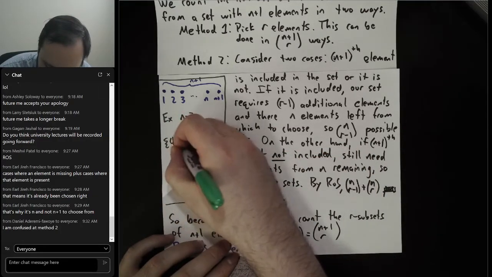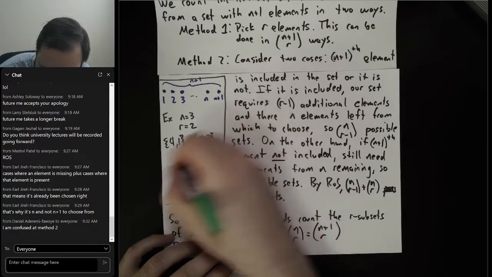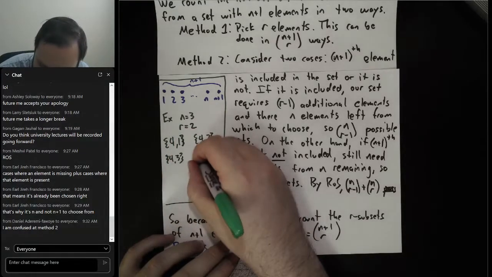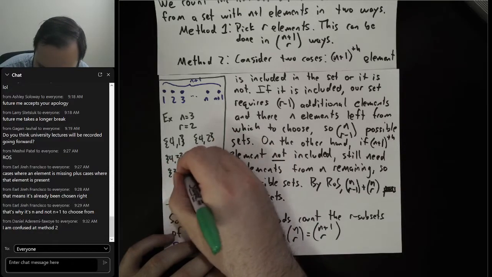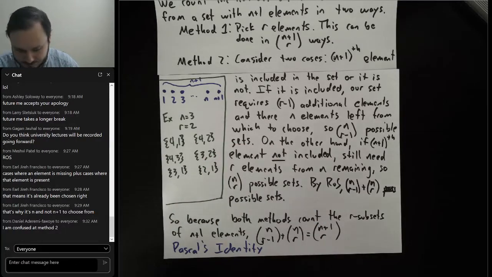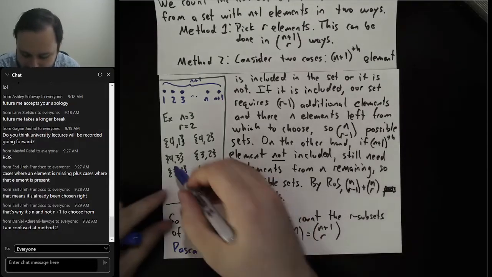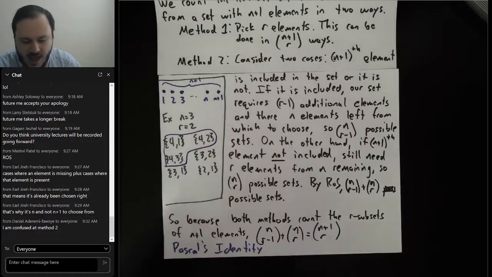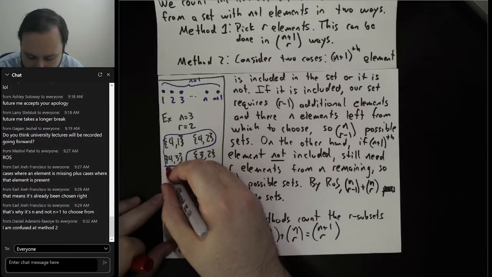I might have 4, 1, 4, 2, and 4, 3. But other ones of my sets won't: 3, 2, 3, 1, 2, 1. Those are my options. So I'm breaking into cases. One of my cases is when I have my biggest number, n plus 1. And the other case is when I don't have my biggest number.